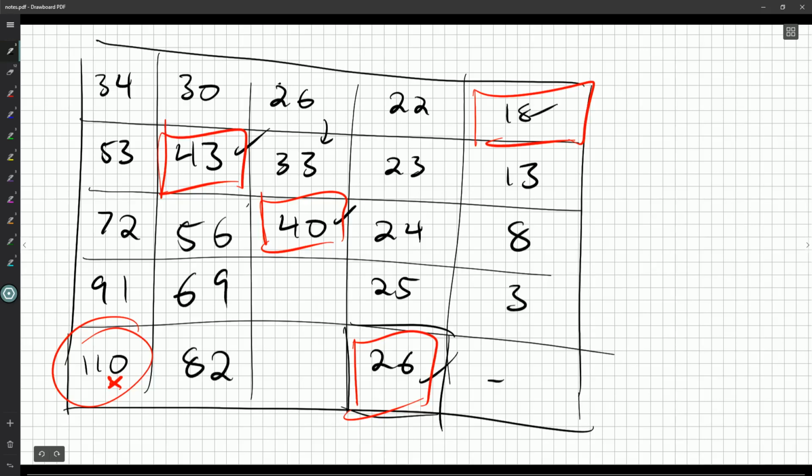This should be -2. I need to go 8 to get up to 90, so a difference of 28. 28 and 26 is going to be 54. That tracks. Difference here is 22, so we should get 47. Everything looks good. There's the full grid in all its glory.